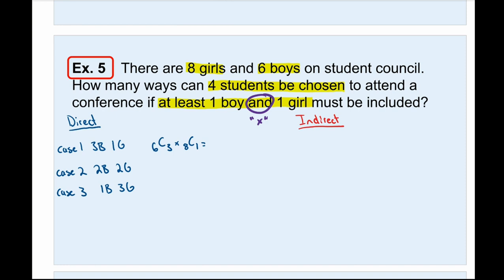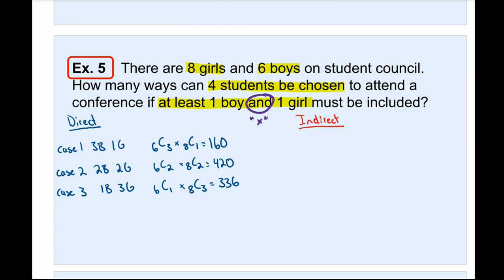So 6 choose 3 times 8 choose 1 is 160. For the second case, 6 boys choosing 2 multiplied by 8 girls choosing 2 works out to 420. And for my last case, 6 boys choosing 1 times 8 girls choosing 3 works out to 336 different ways.